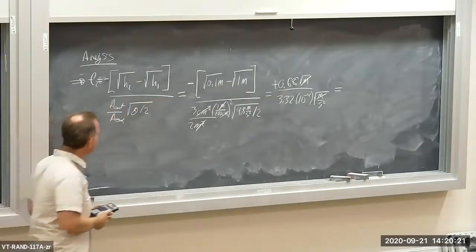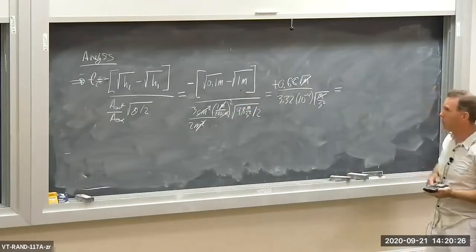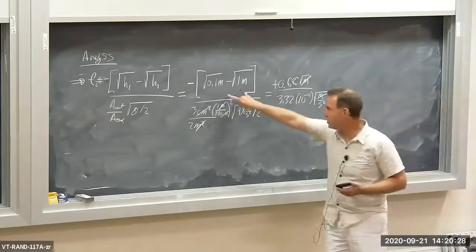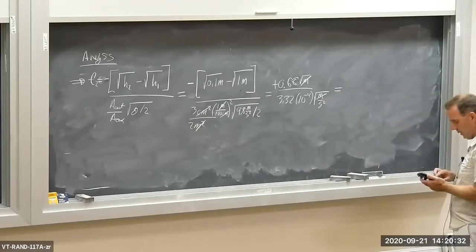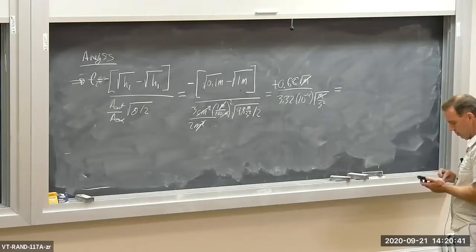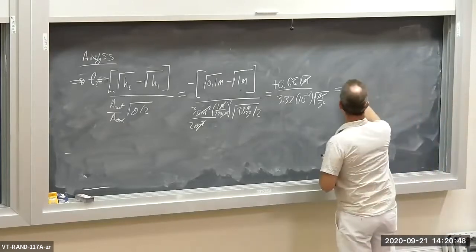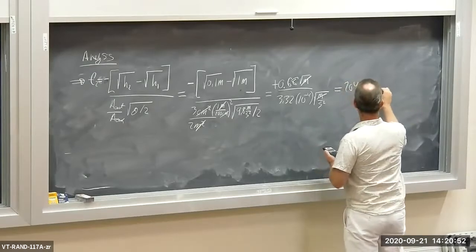Square root 1 meter is greater than square root 0.1 meters, so this quantity in brackets is going to be negative. So we get 0.68 divided by 3.32 times, and I get 2,048.2 seconds.